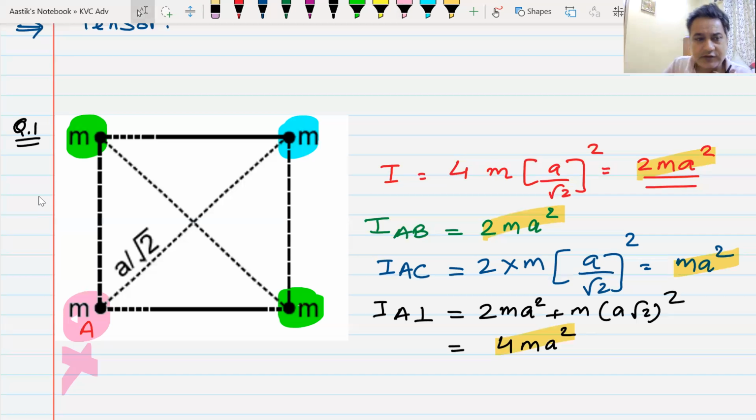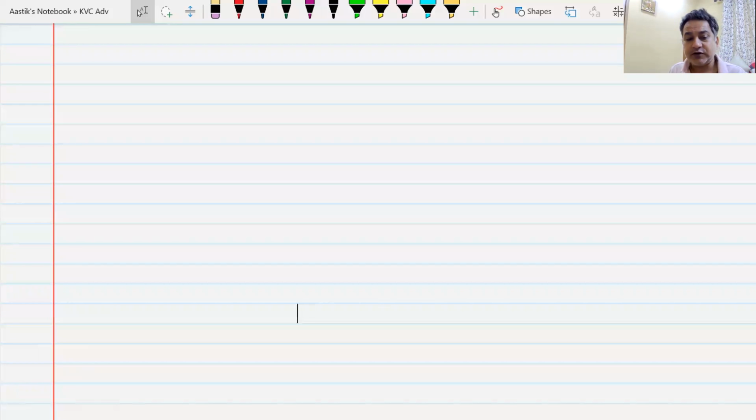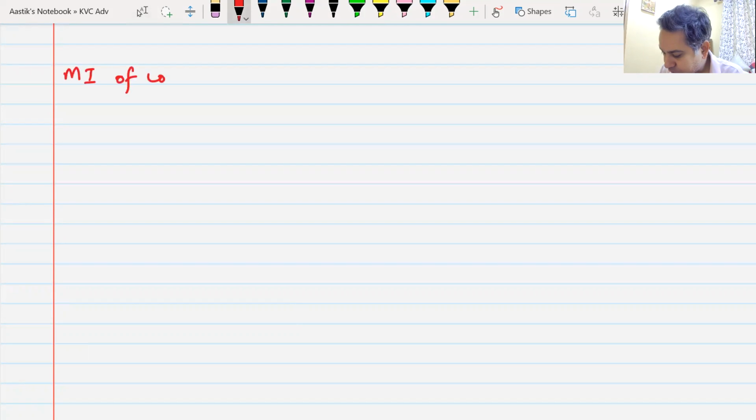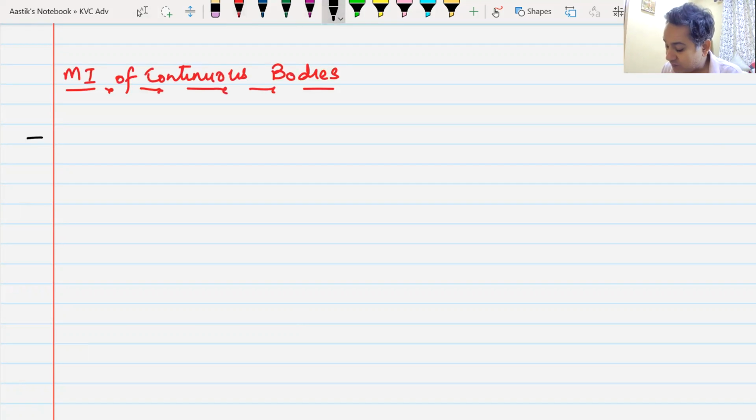Instead of point masses, if we have continuous bodies, how can you find out the moment of inertia of continuous bodies? They are not particles, they are not point masses. To find the moment of inertia of continuous bodies, you will have to break that body into small parts of mass dm.